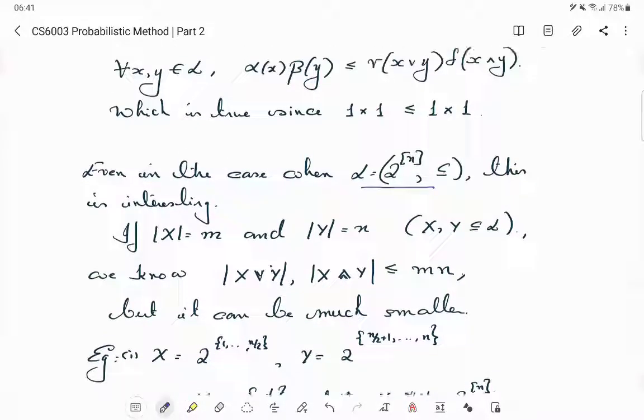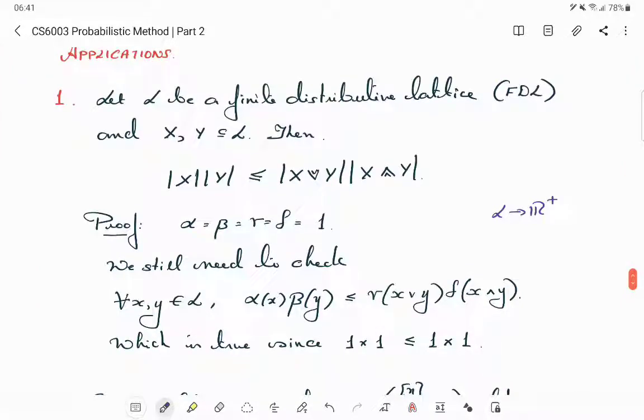The product of their cardinalities therefore is 2 power n by 2 plus n by 2, 2 power n. So the left hand side here is 2 power n, and hence the right hand side has to be greater than or equal to 2 power n. This is only 1, which means this has to be greater than or equal. In fact, it cannot be more than 2 power n, because this is also a subset of the power set. Okay, so in this case this is 2 power n.